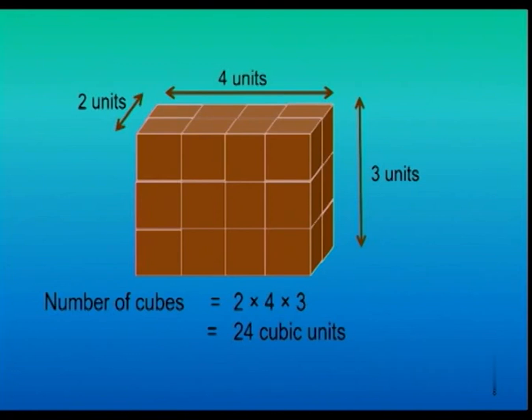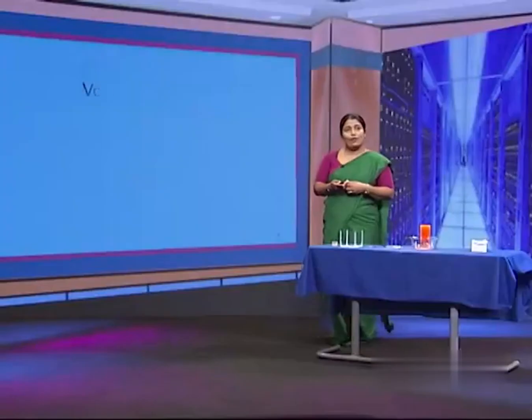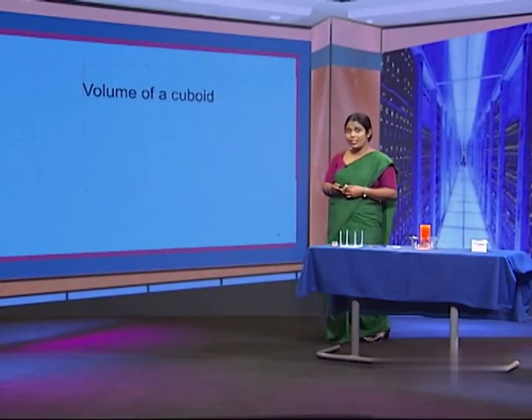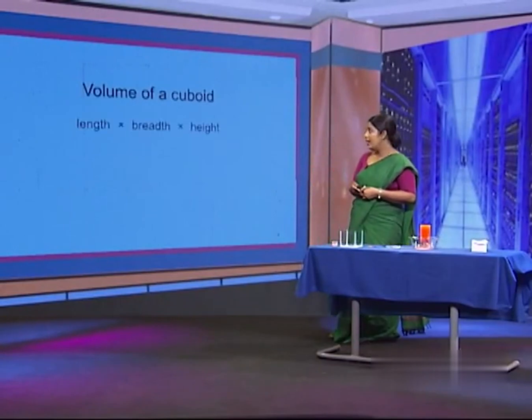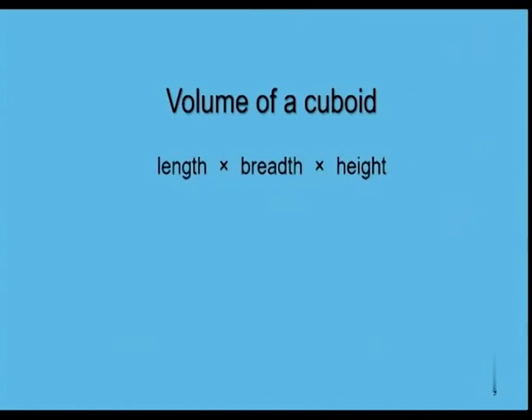So, it is clear, children, that if you multiply the length, breadth and height of a cuboid, you can get the volume of the cuboid. Let's build up the relationship. Volume of a cuboid equals length times breadth times height. This is the relationship for the volume of a cuboid.